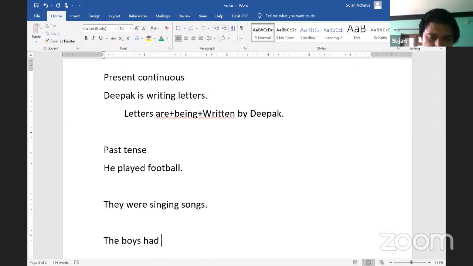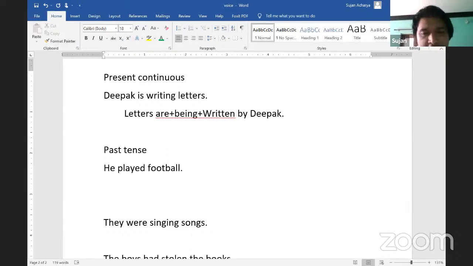The boys had stolen the books. Again, what is the V3 form of the verb played? Played, V3 form, by him, football. Because the sentence is in past tense, we use was or were: if the subject is singular, was, and if it is plural, were.